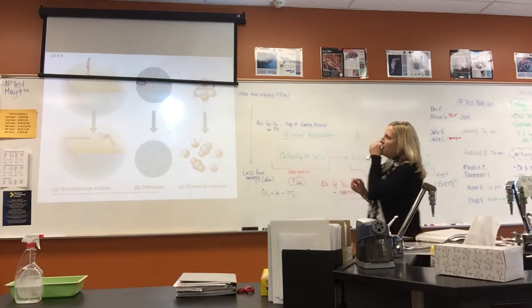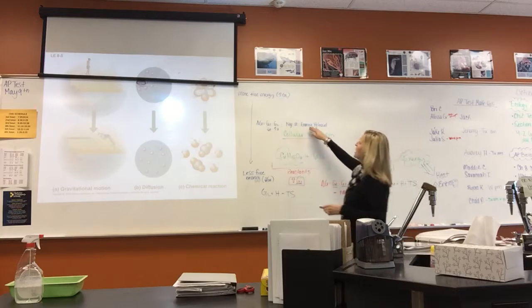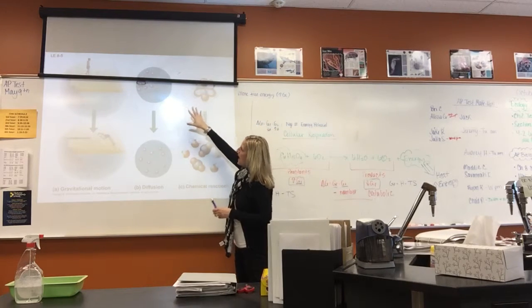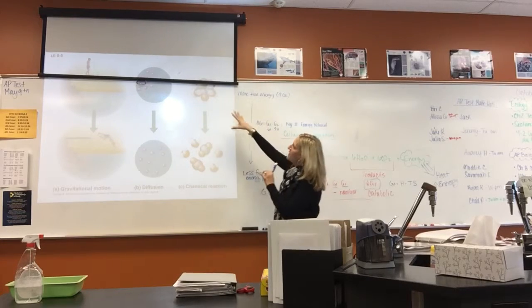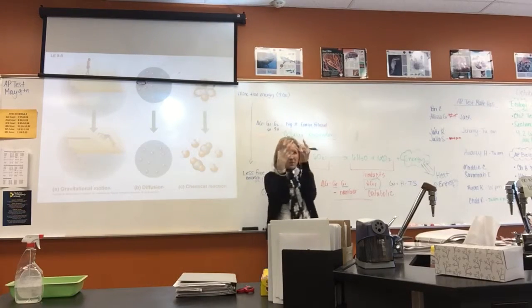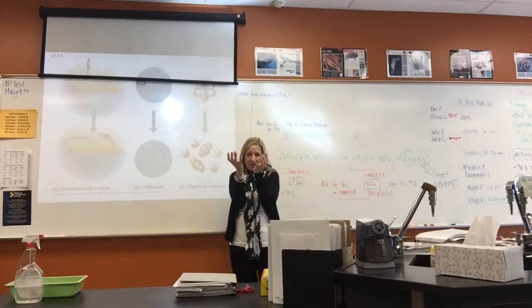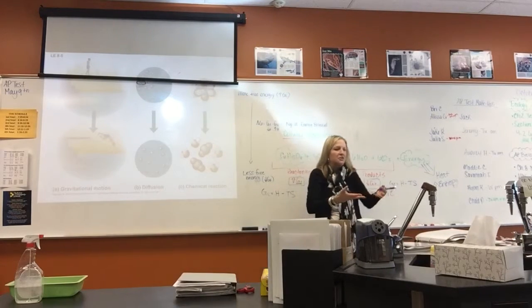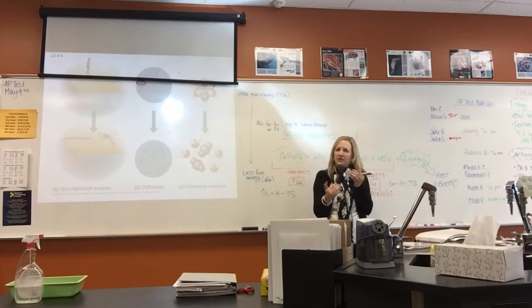And so if these release energy, the ones that have more free energy, you can't see the molecule here, but there is more energy in the bonds, which means it's less stable than molecules that don't have a lot of energy in the bonds. They're very, very stable.